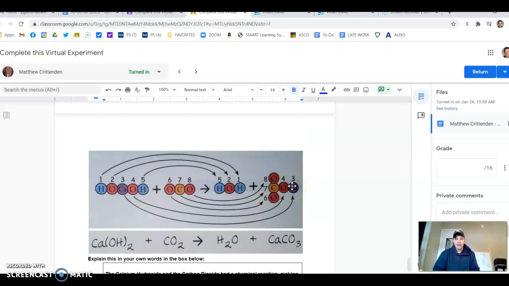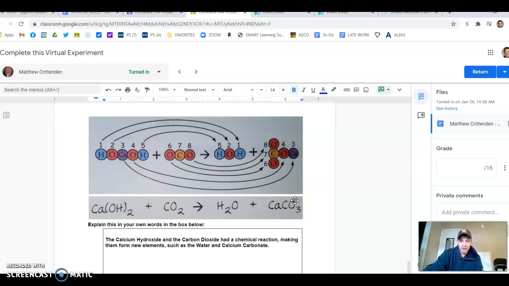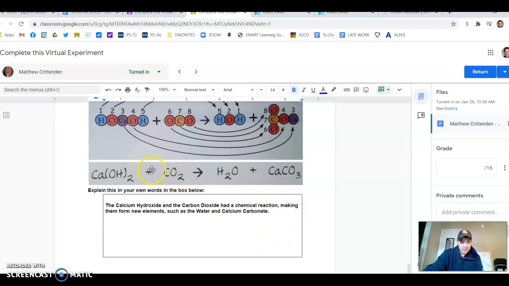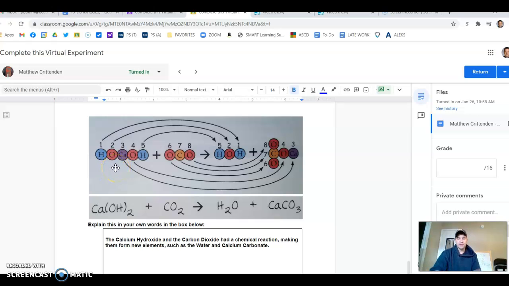You no longer had lime water and carbon dioxide, but you saw just regular water, H2O, and that white substance, which if you followed the hint, you'll find out that was chalk. That was calcium carbonate. And if you look at all of this, what that means we started with, if we just had one particle of calcium hydroxide, the lime water, it would have had these 5 atoms: hydrogen, oxygen, calcium, oxygen, hydrogen.